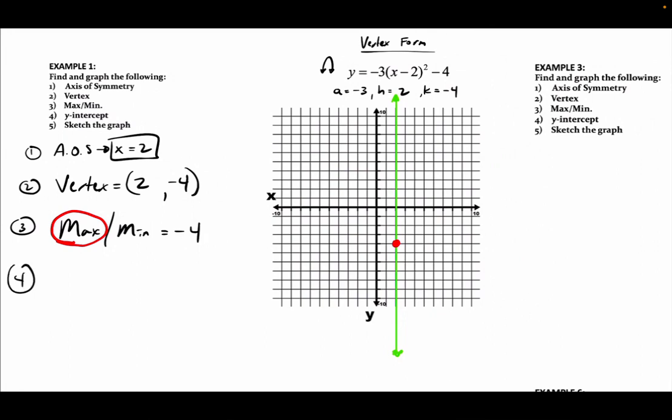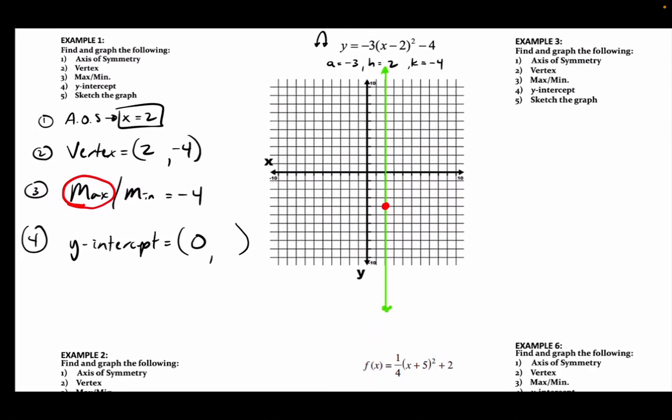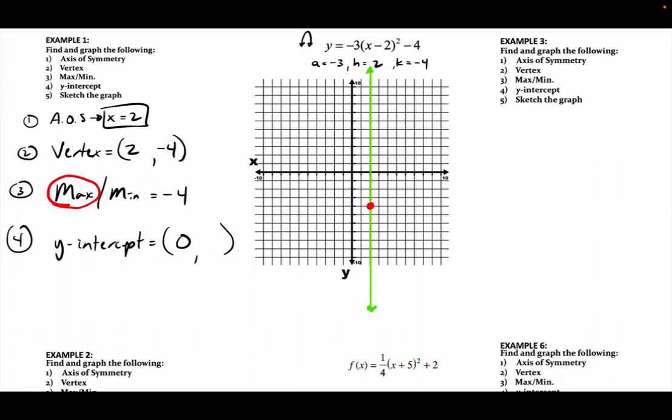Last thing before we graph, the y-intercept. So the y-intercept always starts with a 0. Yep, always starts with a 0. Doesn't matter which form, it always starts with a 0. Okay, so what we're going to do is plug 0 back into the original where I see an x, because that's taking its spot.